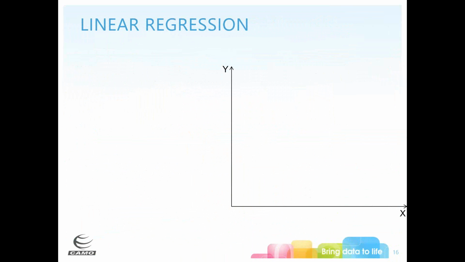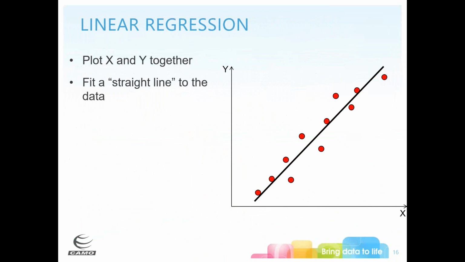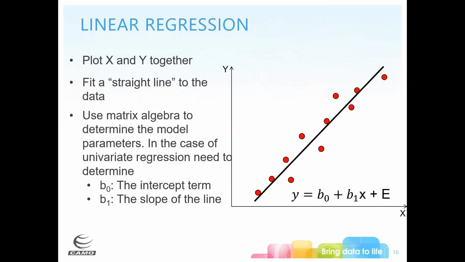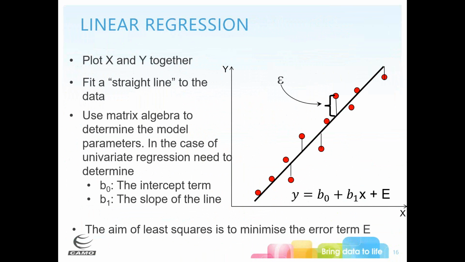So with a linear regression, we plot x and y versus each other. We fit a straight line to that data, and that's based off of a least squares analysis to try to minimize the error term. And when we do our traditional linear regression, where we look for our slope and intercept, we often ignore this error term. It is there, but we don't really report it very often.